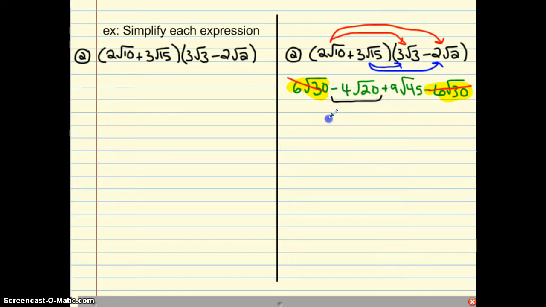Negative 4 root 20, so we have minus 4 root 4 root 5 plus 9 root 9 root 5. Oh wow, that sounds the same. Excuse me. So we'll just continue our way down. Negative 4 times 2 root 5 plus 9 times 3 root 5.